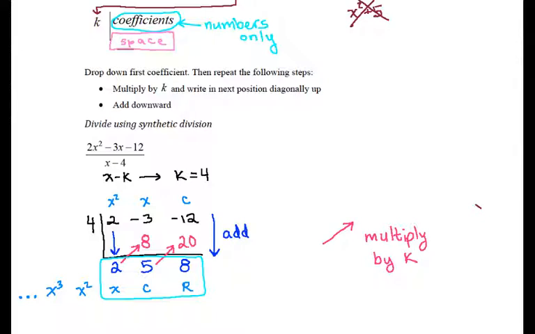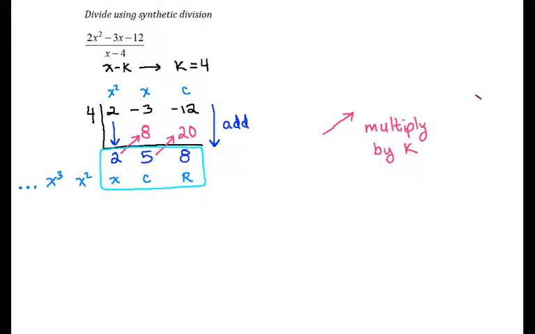And I'm going to express my answer the same way I would if I had found it by polynomial long division. My quotient is 2x plus 5. My remainder is 8, so I'm going to write this as plus 8 in the numerator divided by my divisor, which was x minus 4.